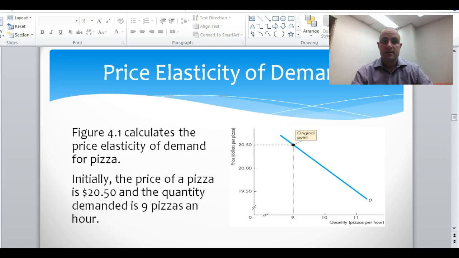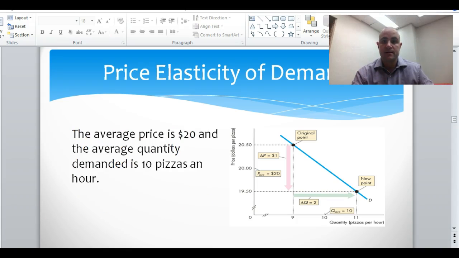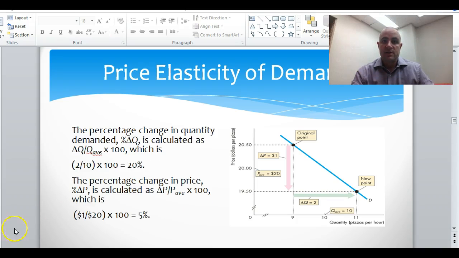Okay. So this just kind of breaks it down step by step. The price of pizza falls to 1950. Quantity goes to 11. Keep going through. So this is kind of what we had here. The percentage change in quantity is change in quantity over quantity average times 100.